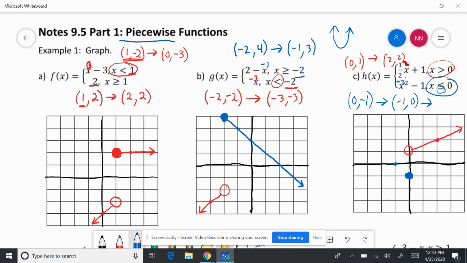Negative 2 squared is 4. 4 minus 1 is 3. So (negative 2, 3). I go up 3, and what I have is half of a parabola. And that right there would be my piecewise function.